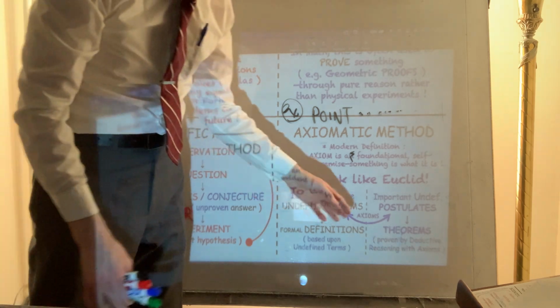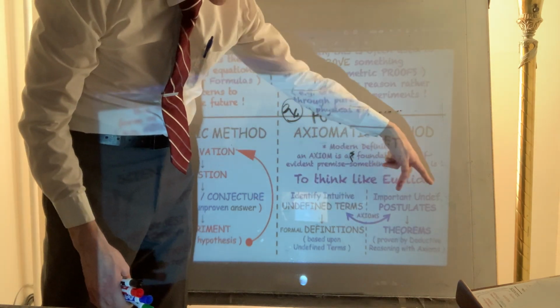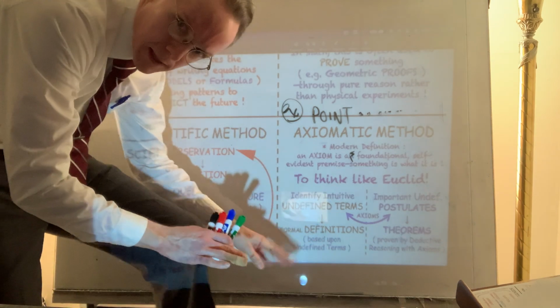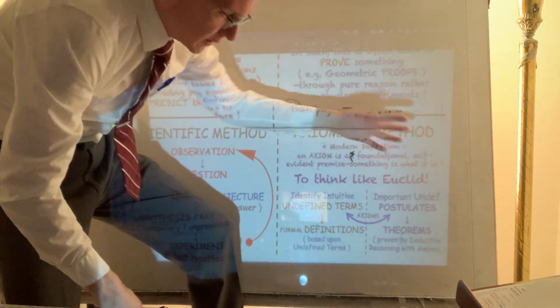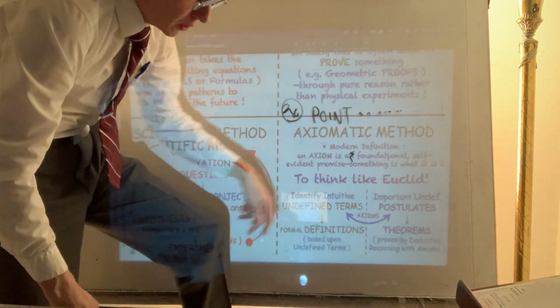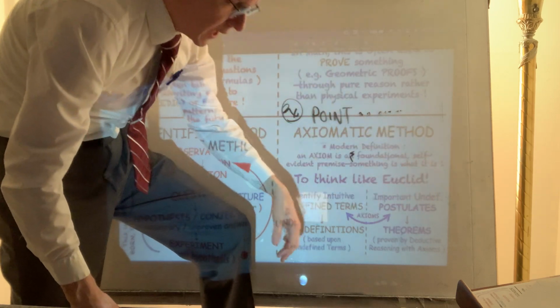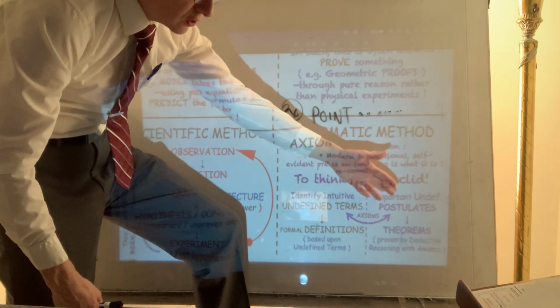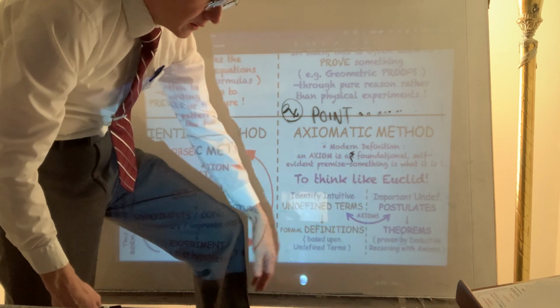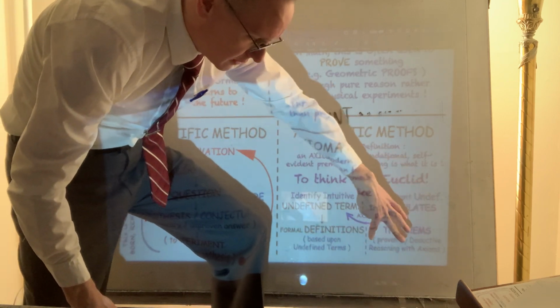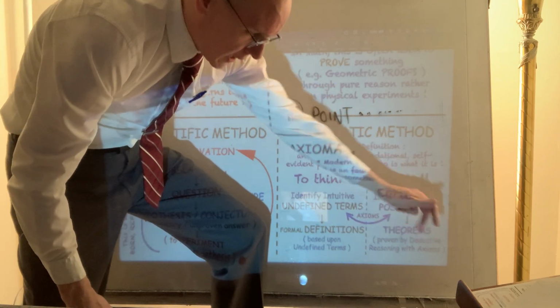Now, the terminology nowadays is that the important undefined concepts are known as postulates, and the postulates are used to form theorems. These are proven again by deductive reasoning with axioms.